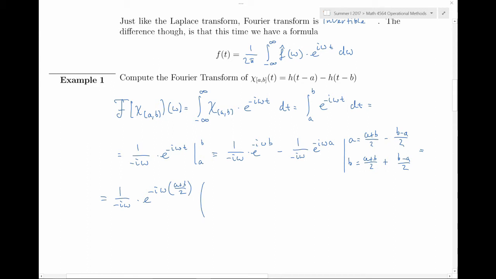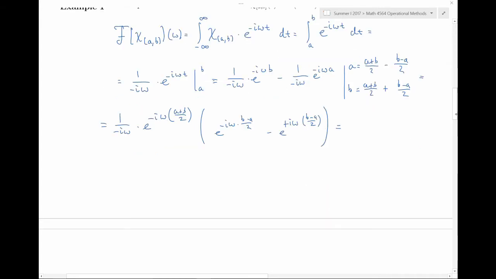And what's inside is simply e to the minus i omega times (b minus a) over 2, minus e to the minus i omega times (b minus a) over 2. With a negative sign, we'll turn it into plus. And here's a little magic that the complex variables provide us.